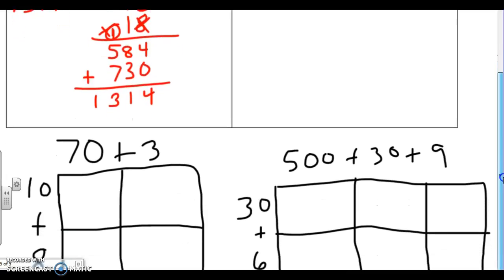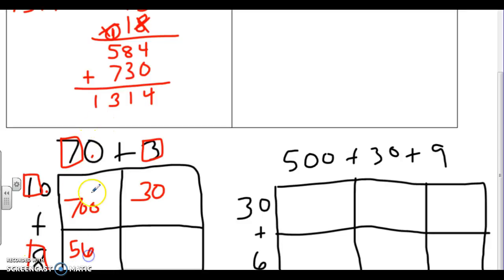If you did the area model, you would have 73 across and 18 going down. Let me move him. So when we do our box and dot, we know 7 times 1 is 7 with 2 zeros. And 1 times 3 is 3 with 1 zero. We have 8 times 7 is 56 with 1 zero for 560.